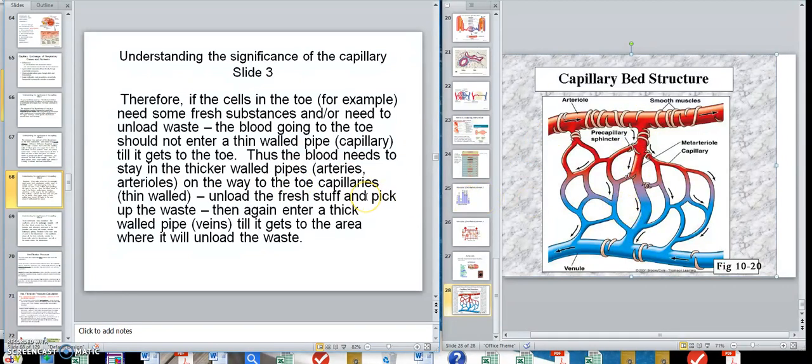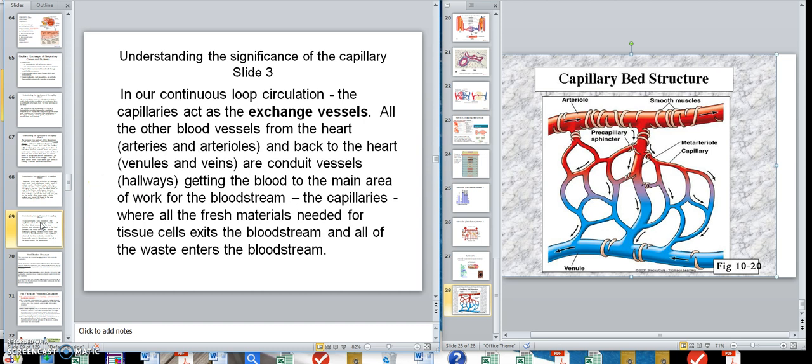We have to have capillary beds for all the living cells in the body, because that's where exchange happens. So you get it there, then let it into this true capillary, and then it can unload. That's the purpose of it.